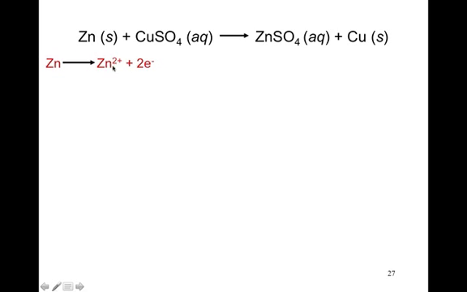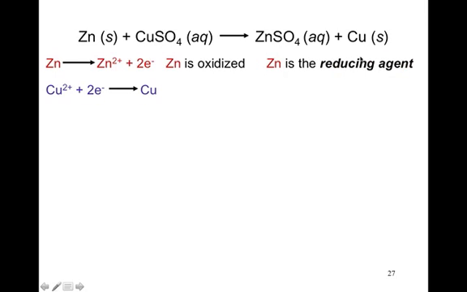So zinc likes to have a 2+ charge, so it needs to give up 2 electrons. Copper is going to gain those 2 electrons to become just stable copper. So if zinc is giving up 2 electrons, it's oxidized. And so here's something that's confusing. If an atom is oxidized, then it's called the reducing agent. How confusing is that?